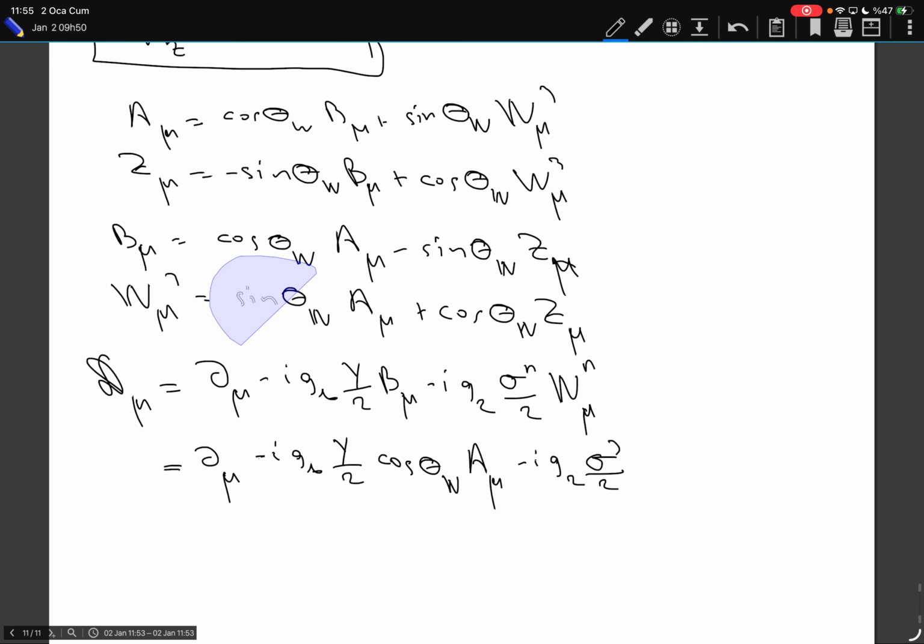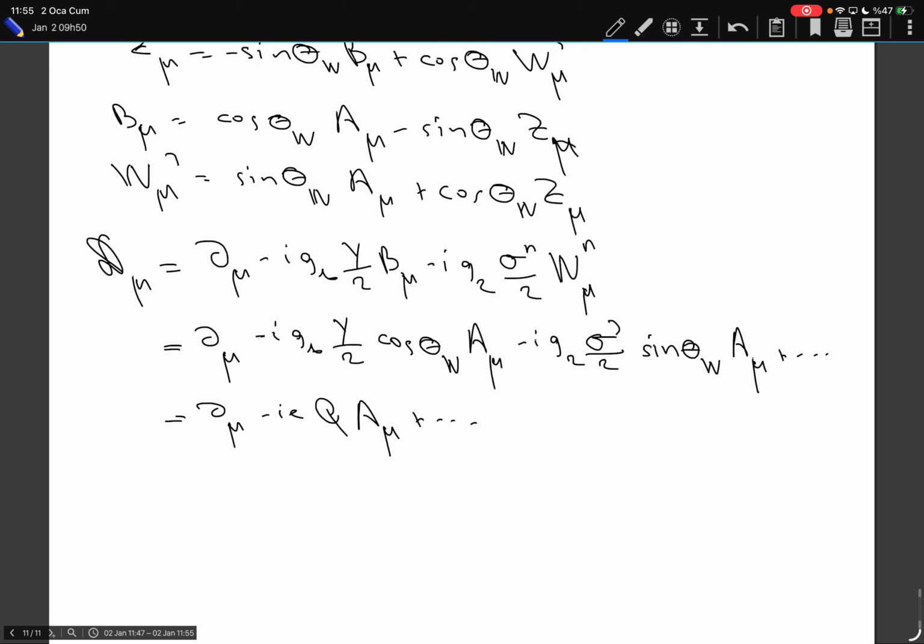It comes with sine theta Weinberg A mu. Plus, of course, I have the other terms. And remember, this should be equal to del mu minus i e Q A mu, plus, of course, I might have other terms. This is my U1 interaction. This is the electric charge.